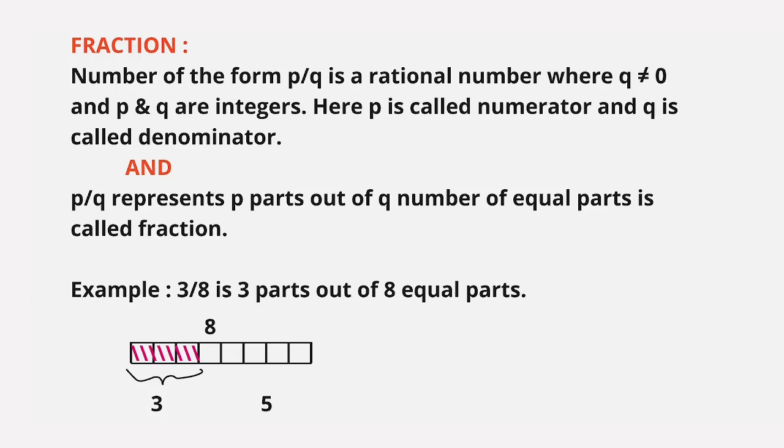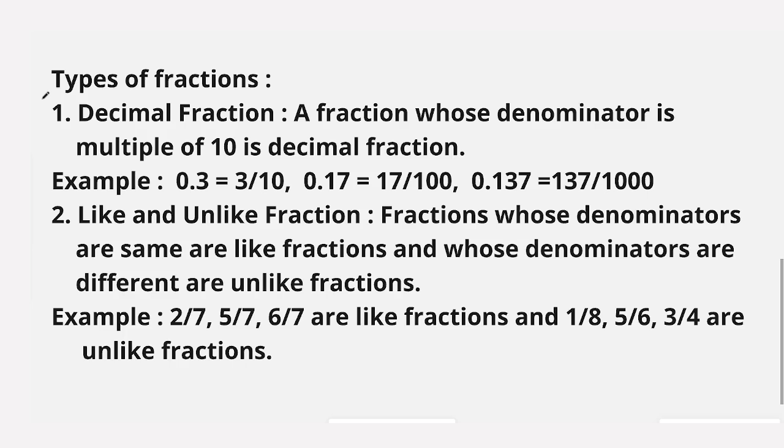Now we will learn types of fractions. Type 1, decimal fraction. A fraction whose denominator is a multiple of 10 is a decimal fraction. The given examples are: 0.3 in decimal form is equal to 3 upon 10. 0.17 is equal to 17 upon 100. 0.137 is equal to 137 upon 1000.